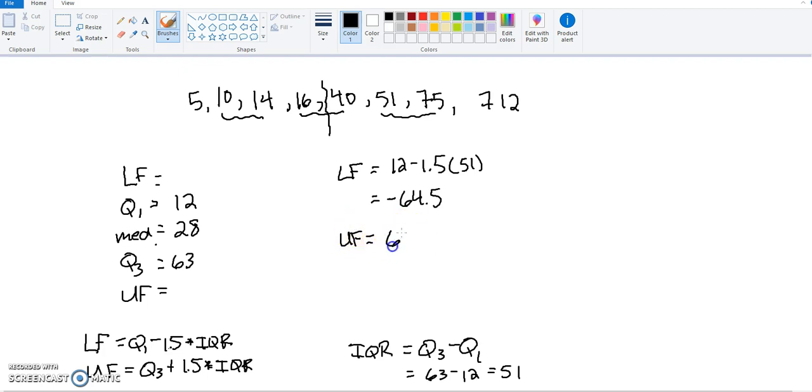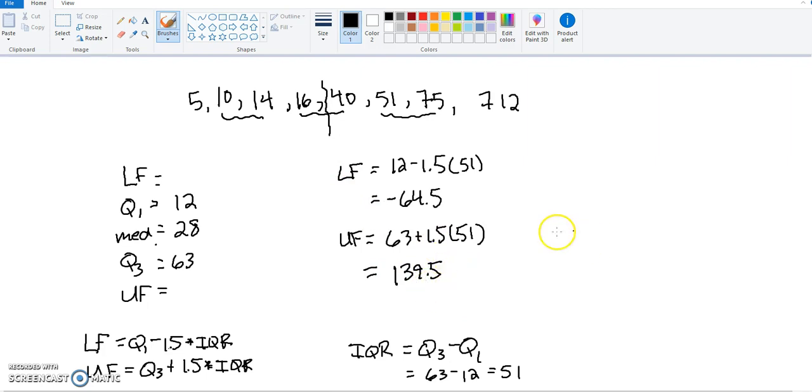So this one's going to be 63 plus 1.5 times 51. So that is 139.5.